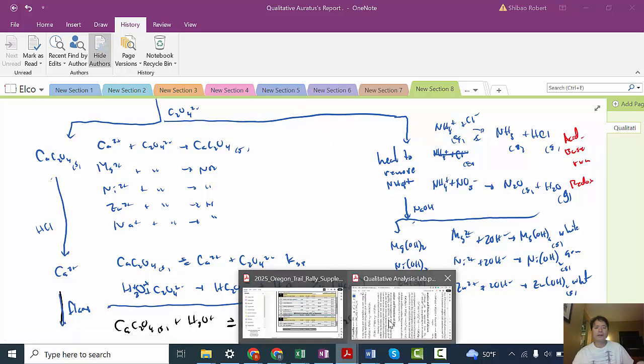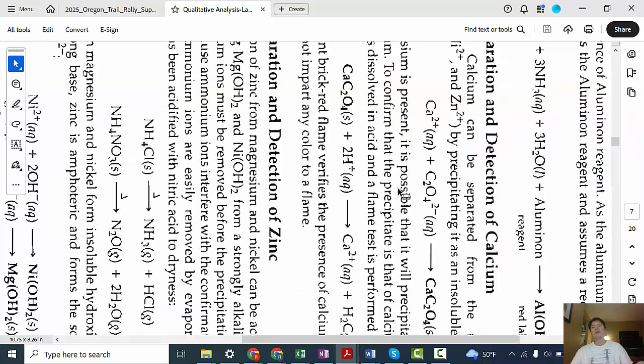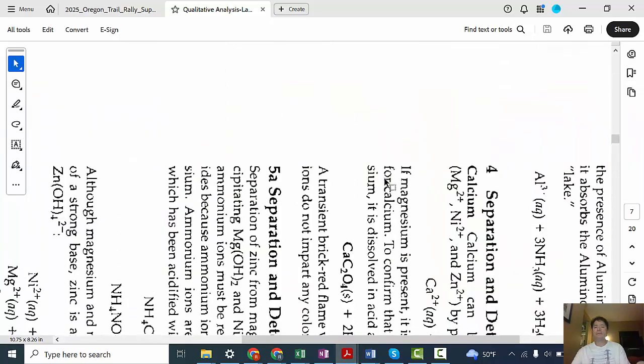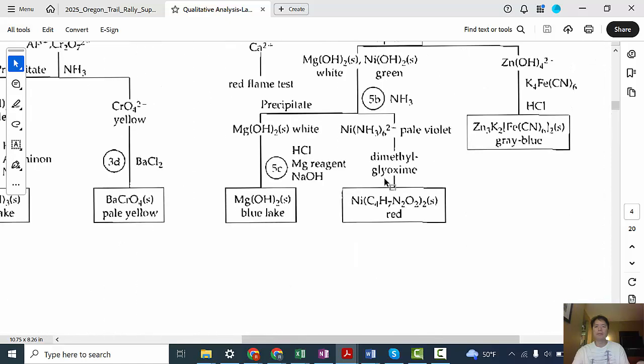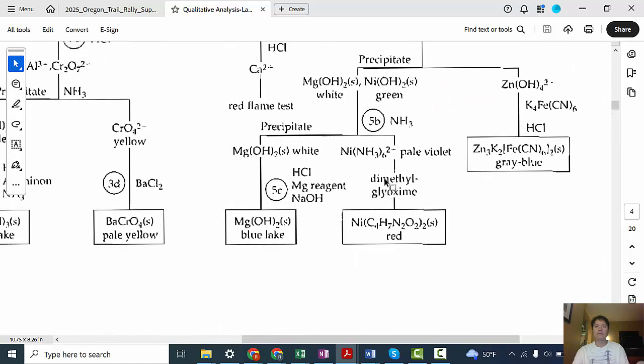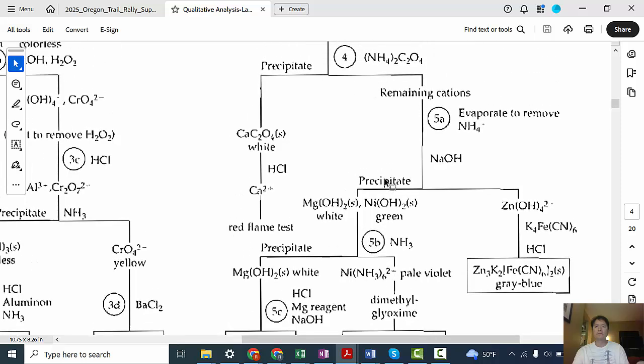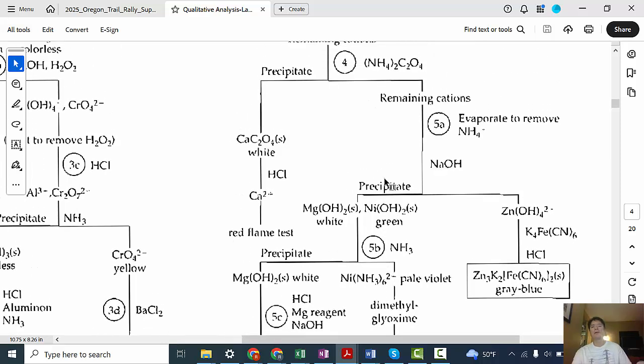Is that the remaining here? Go back up. Okay. All right, so we get those 3 precipitates. However, when you look at this, it turns out that zinc forms a tetrahydroxido complex.